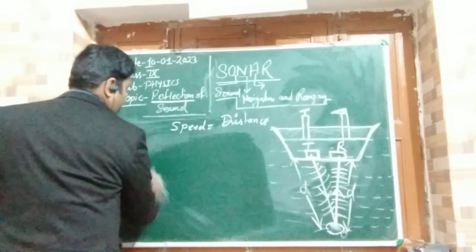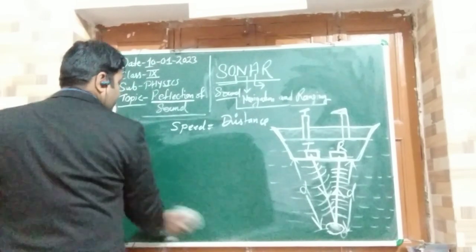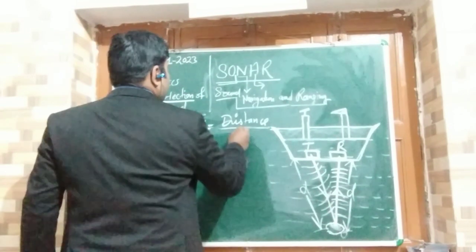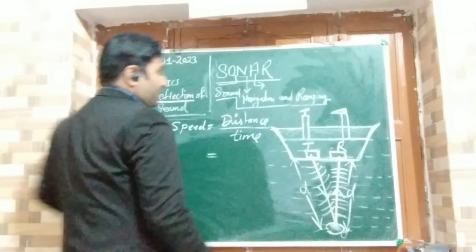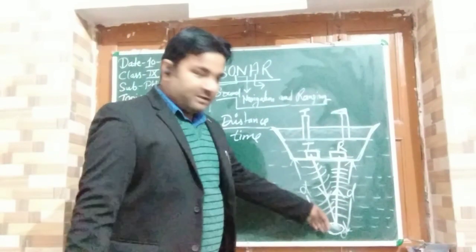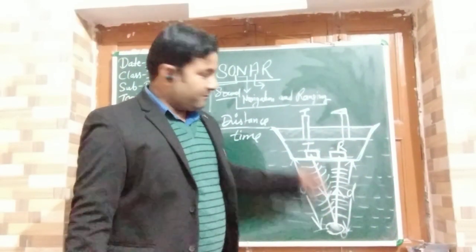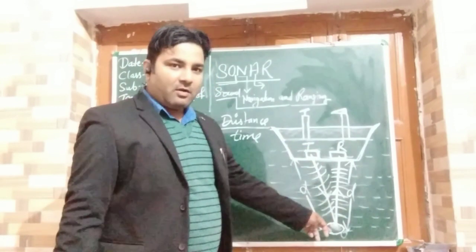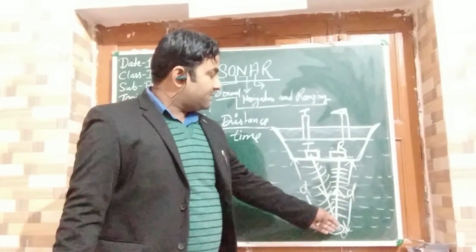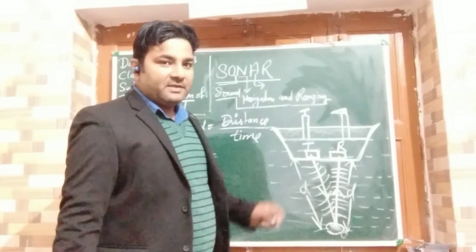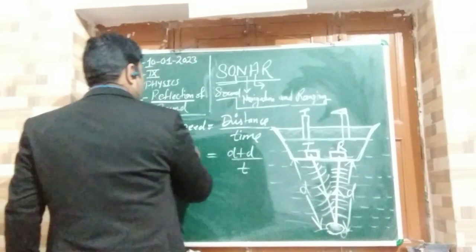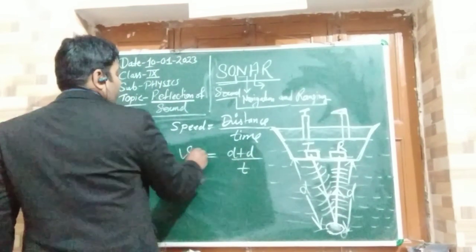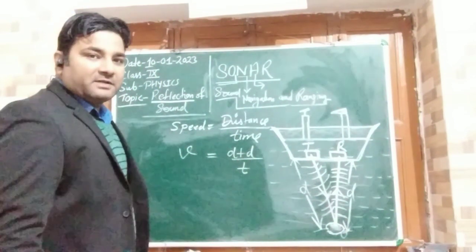Let's see after this, speed equals distance upon time, and the distance here is D from the transmitter to the object and further from the object to the receiver. This is the total distance, given by D plus D, upon t. This is the speed, well known, represented by v.